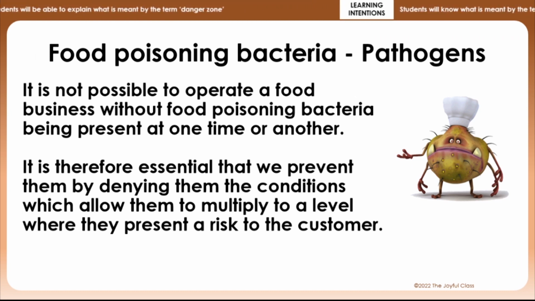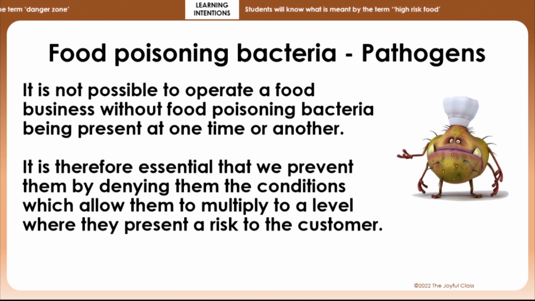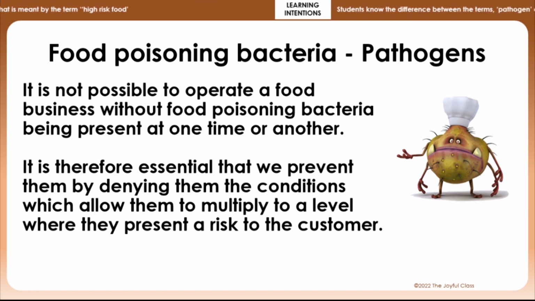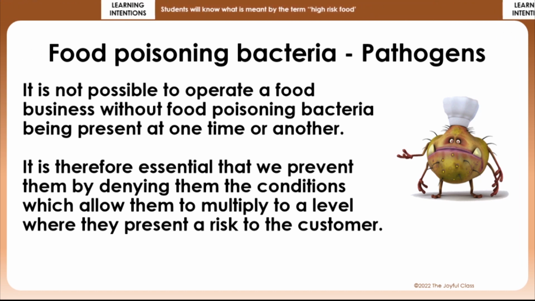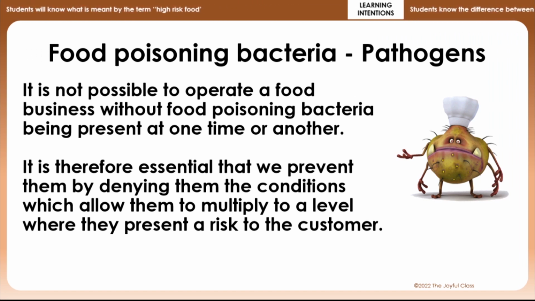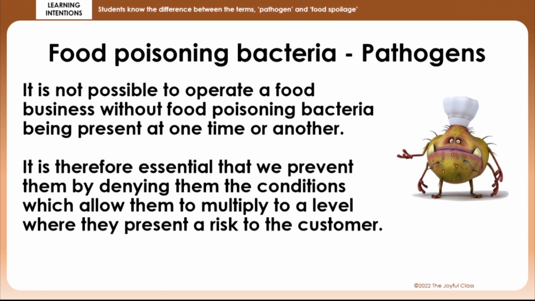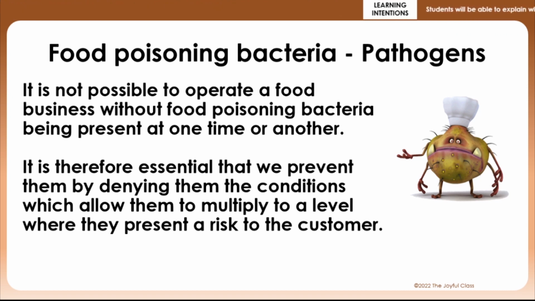It isn't possible to operate a food business without food poisoning bacteria being present at one time or another. It is there in the food. It's therefore essential that we prevent these bacteria from multiplying. We prevent them getting the conditions that they need, which is warmth, food, moisture and time.